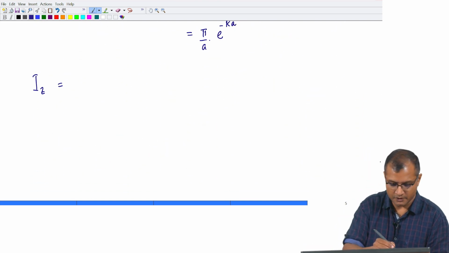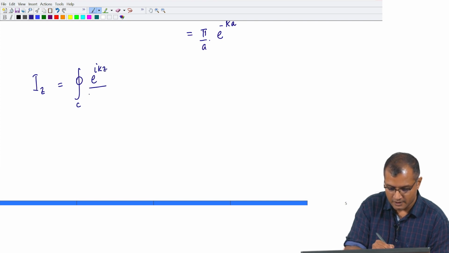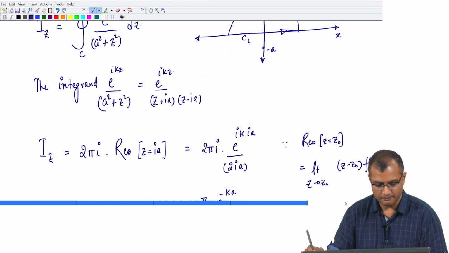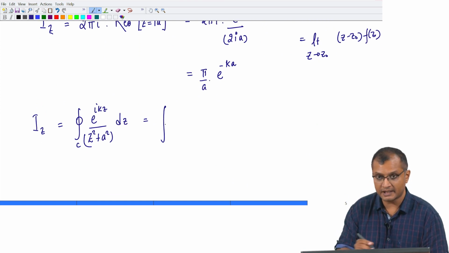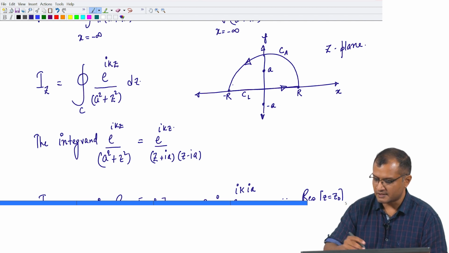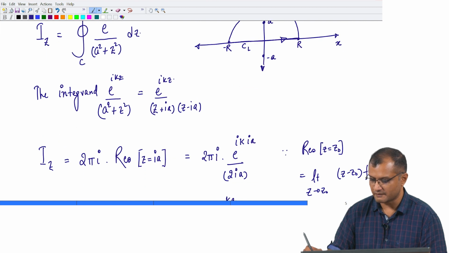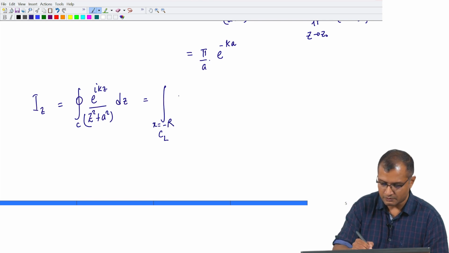So, I can write my contour integral, which is e to the power i k z over z square plus a square dz, as simply the straight line component, which is going from, if I call this point as plus r and this point as minus r, this is a semicircle of radius r. Then the straight line part goes from x equals minus r to plus r, okay, that is my C L.